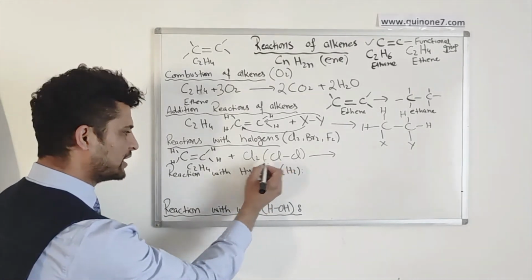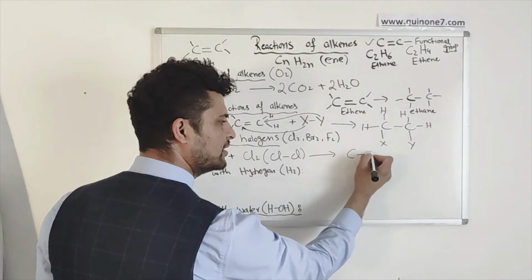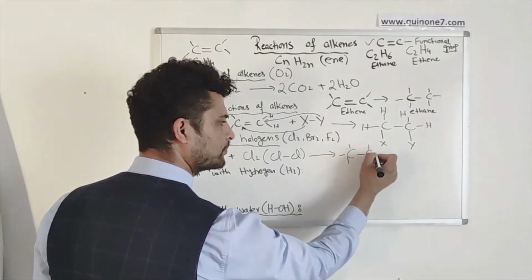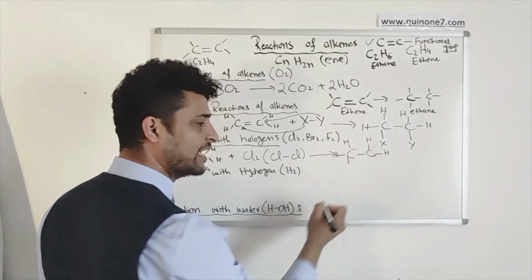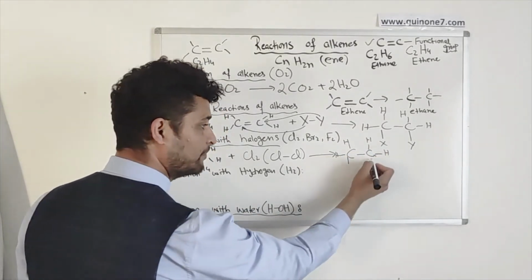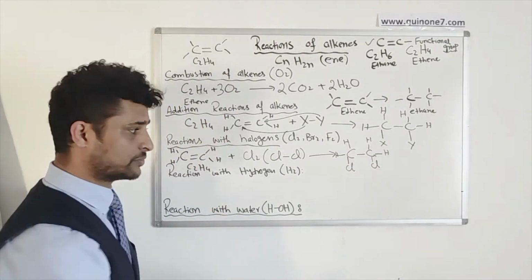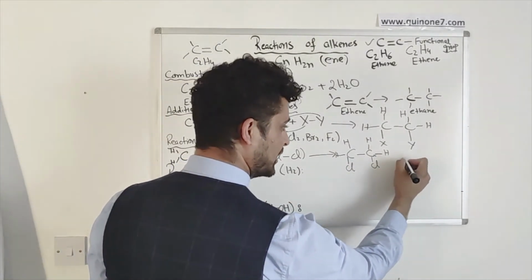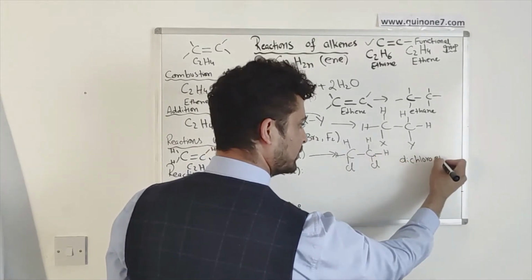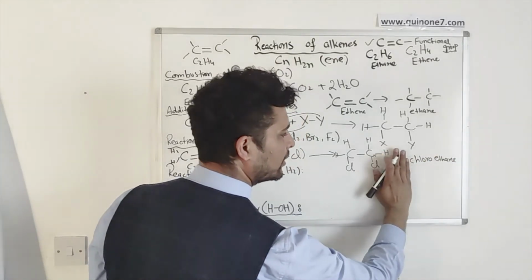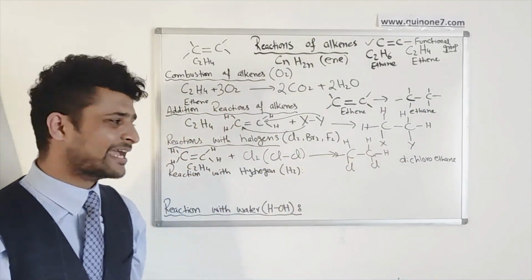Each chlorine atom will be added onto each carbon atom. The 2 hydrogens are already there on each carbon because C2H4 is the formula, and then 1 Cl goes there, 1 Cl goes there. And this one will be called dichloroethane. I could have just said chloroethane, but because there are 2 chlorines, you say dichloroethane.